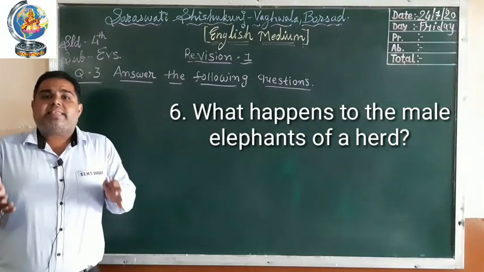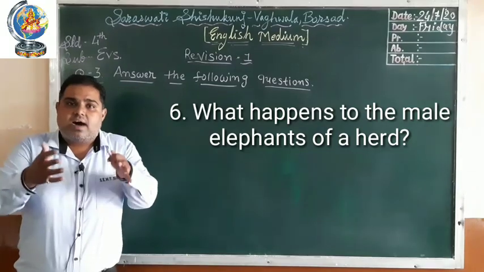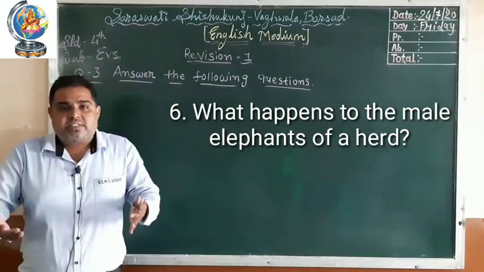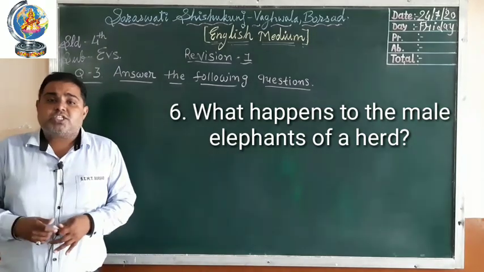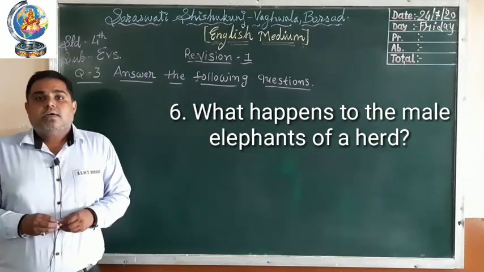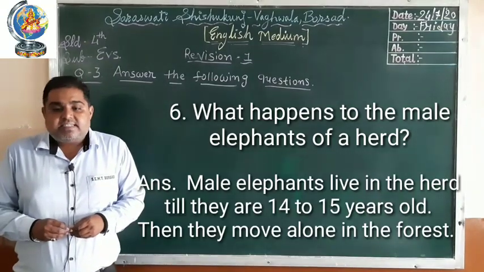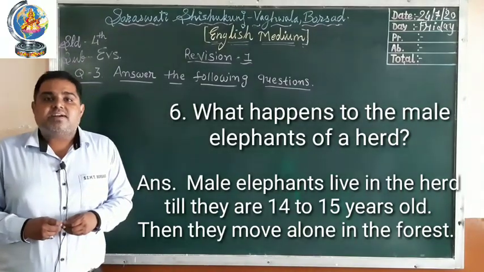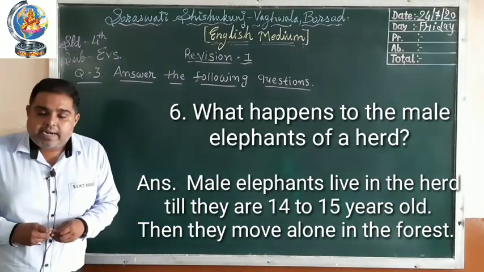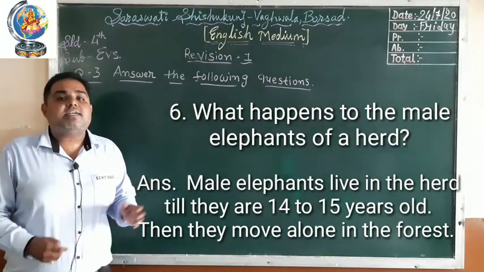So students, when the elephant is young, it lives in a herd, but it grows and becomes a male elephant. Then what happens to those animals? So the answer is, male elephants live in the herd till they are 14 to 15 years old.